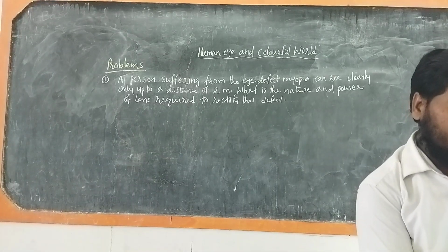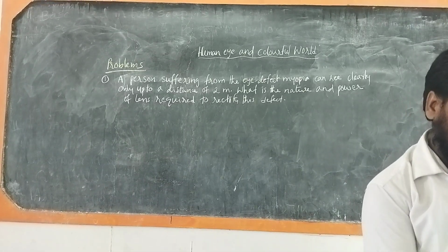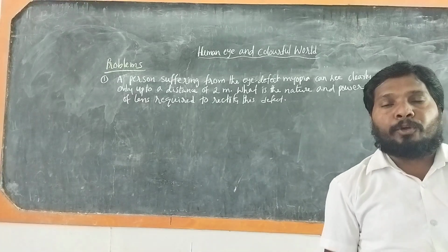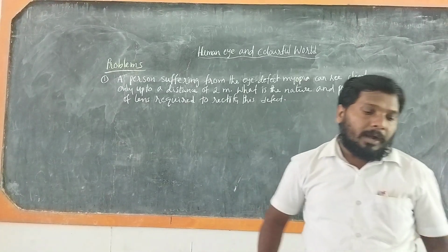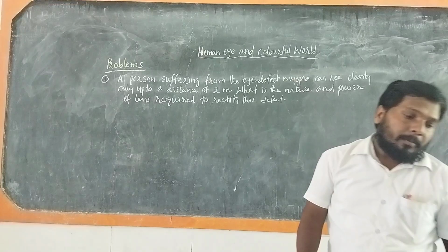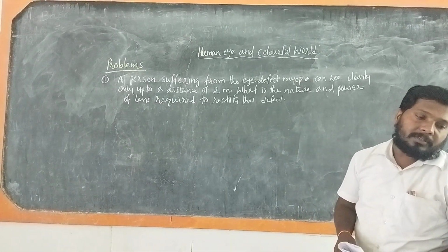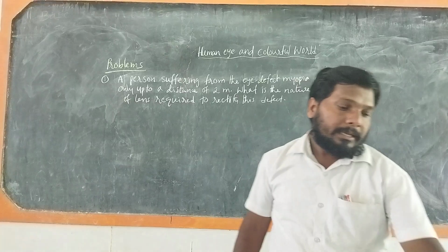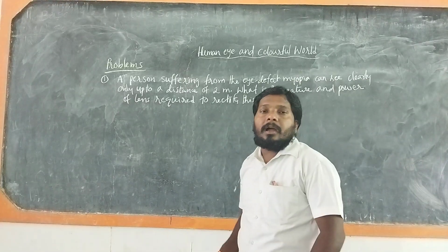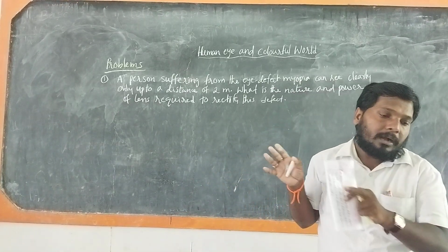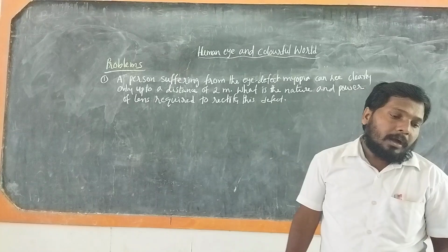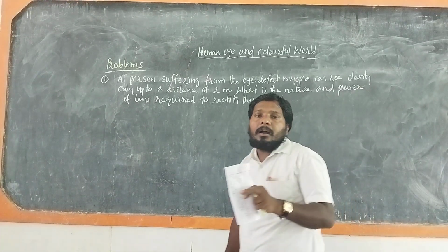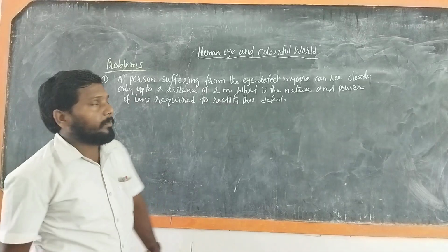So let's understand myopia. To know how we rectify myopia, let's know what is myopia. Myopia is a defect of vision due to which a person cannot see the far or distant objects clearly, but he can see the near objects.